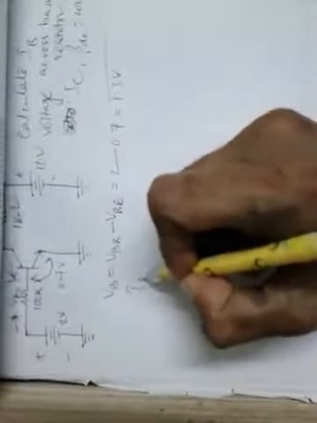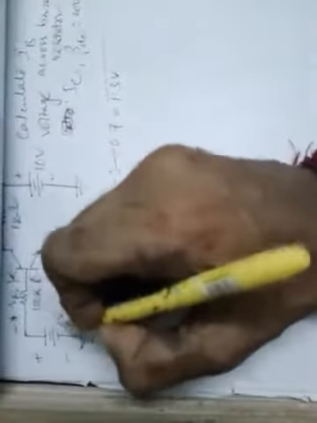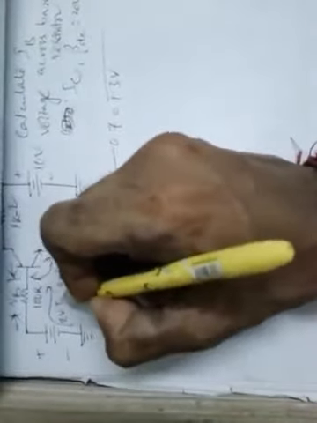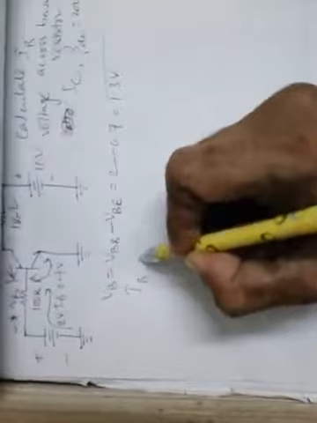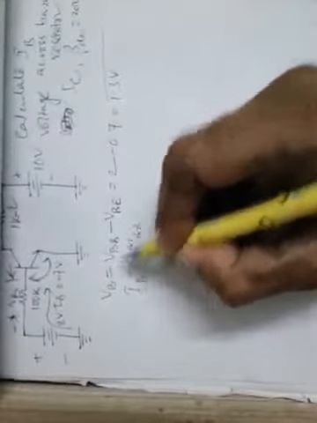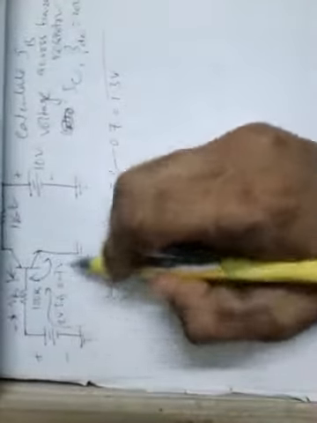Now the current through the base resistor, IB, is flowing like this. If we apply KVL, Kirchhoff's voltage law, which is that the sum of all the potential drops around a closed loop is equal to the sum of the voltage sources applied around the loop, you know.